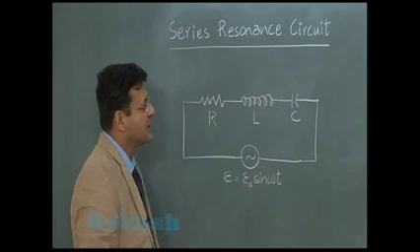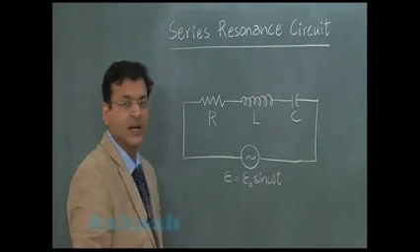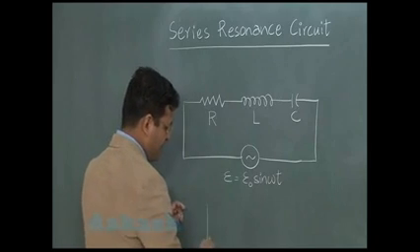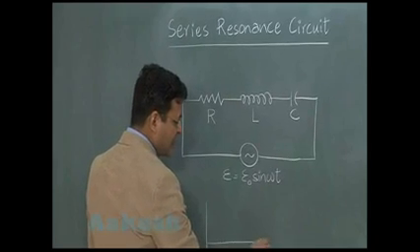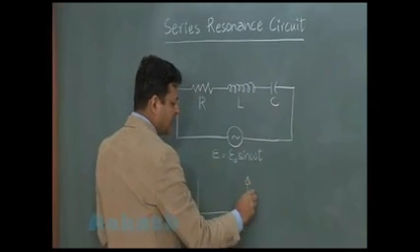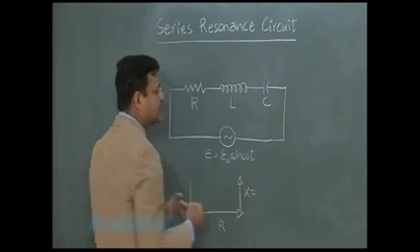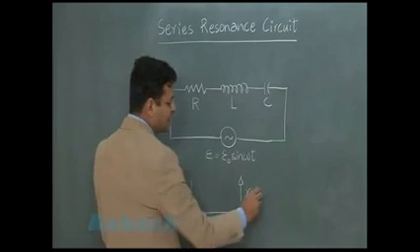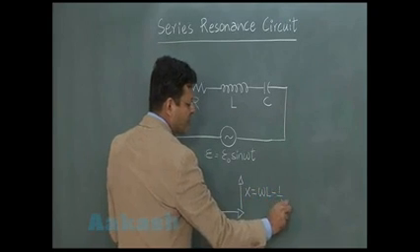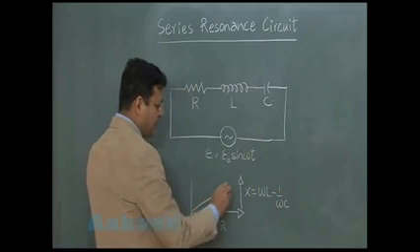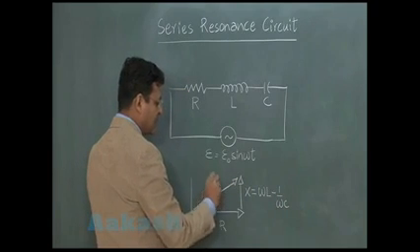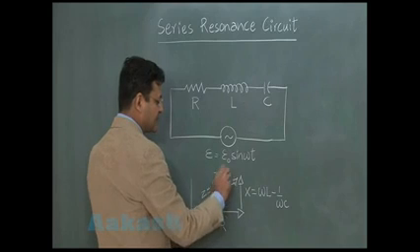If you consider the impedance triangle of that, you have already seen that the resistance was plotted to this side. For the reactance value, again I am considering that the inductor is dominant, so the X value was omega L minus 1 by omega C. And the impedance Z was the Pythagoras of this resistance and reactance.